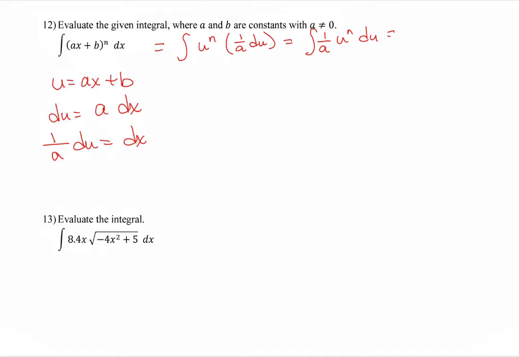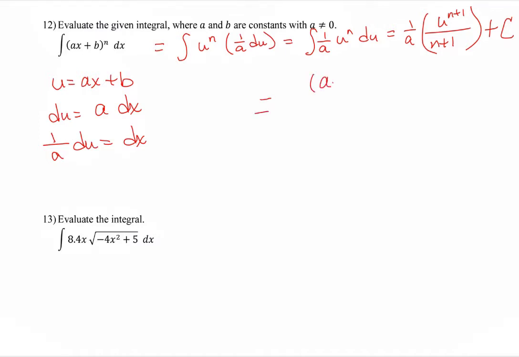Now I'm going to integrate. So that's 1 over a, u to the n plus 1 over n plus 1, plus my c. Substitute.